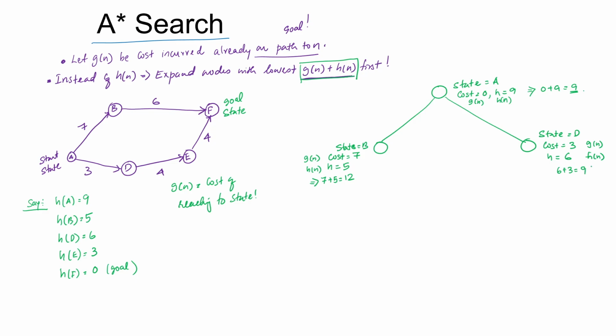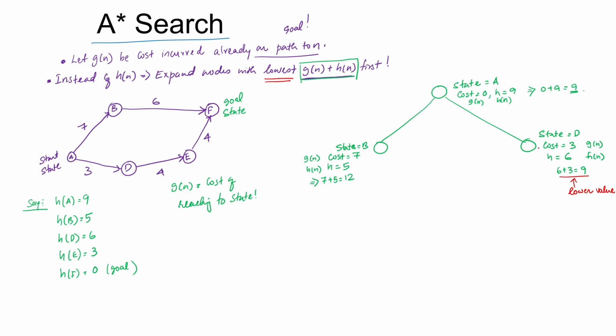So, now when you combine these two, you can find that this is a lower value. So, expand the node with the lowest value, we are using that idea. So, if that is the case, now what do we do?